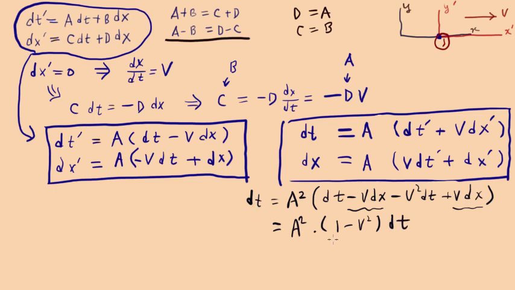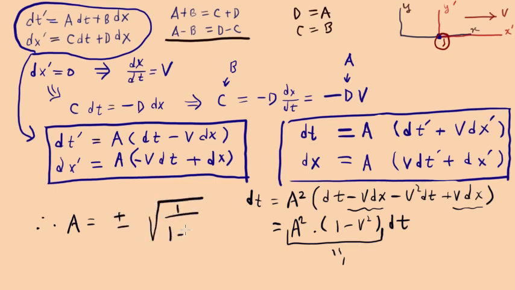So this is dt equals something times dt, so that means this must be 1, and therefore a is in principle plus or minus 1 over the square root of 1 minus v squared. But as we said, a has the meaning of time going slower or faster, depending on whether the clock is moving or not moving.